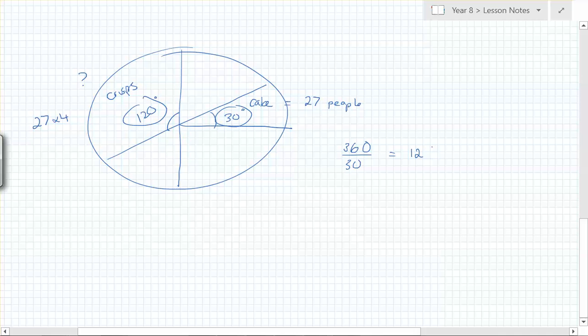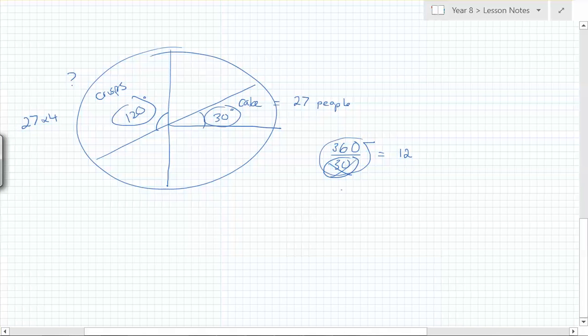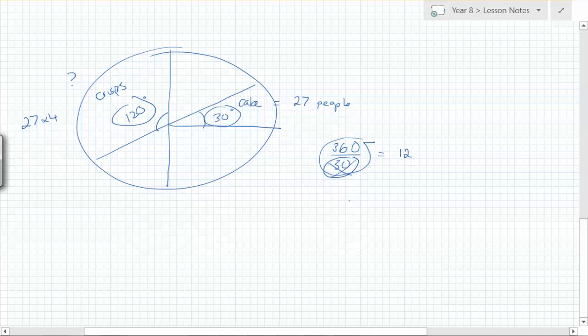So what does that tell me? It tells you that one person is 12 degrees. It doesn't though, does it? Because you're telling me 30 degrees, but I don't know 30 people. So it's not this time, is it? It's 27 divided by 30, or is it the other way around?